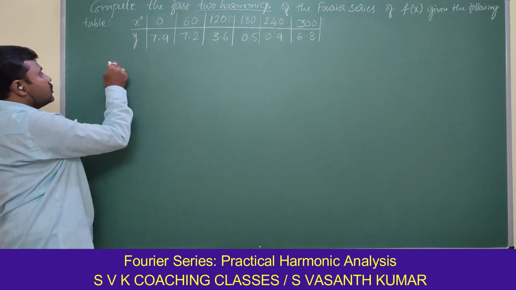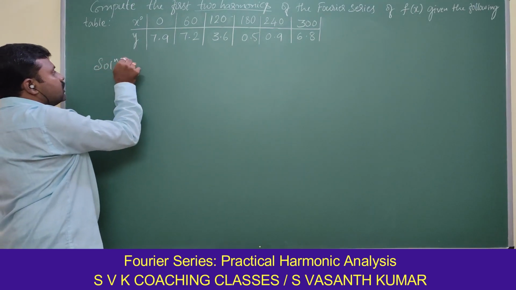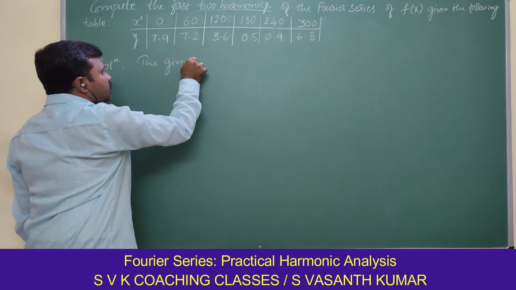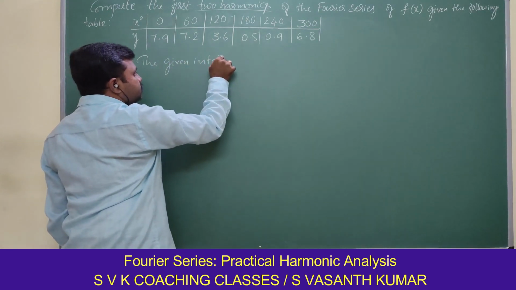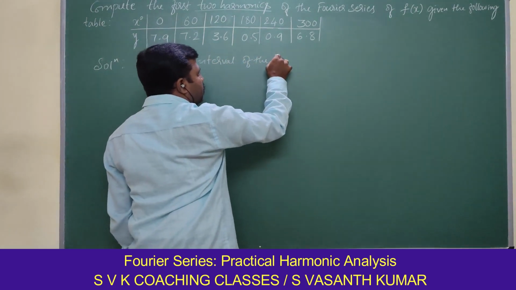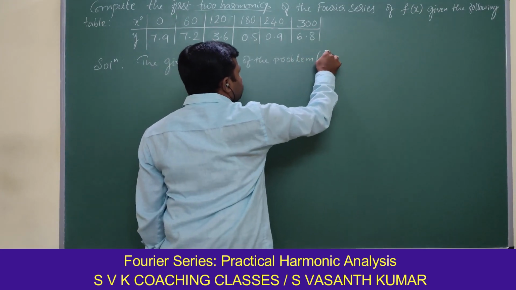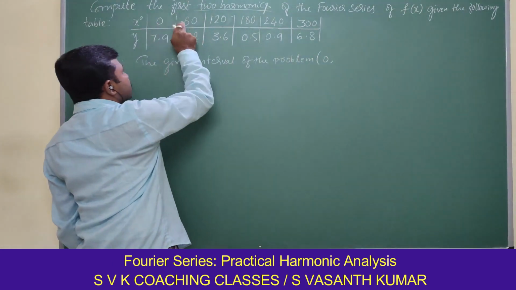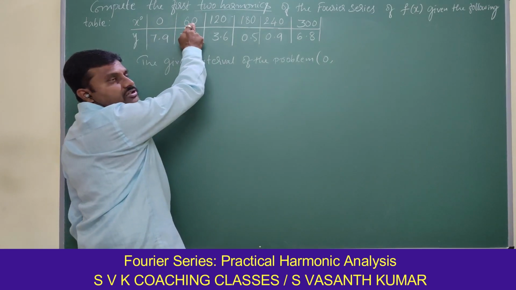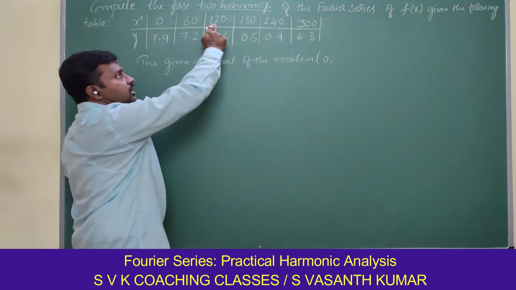So if I start with the solution, the given interval of the problem is starting with 0. Look at the difference of each interval. 0 to 60, difference is 60. 60 to 120 is again 60.